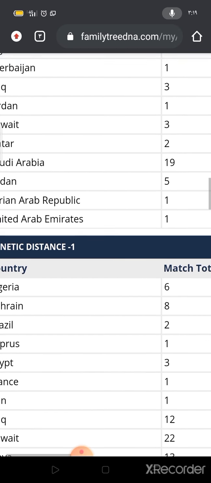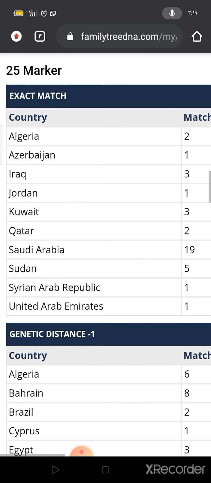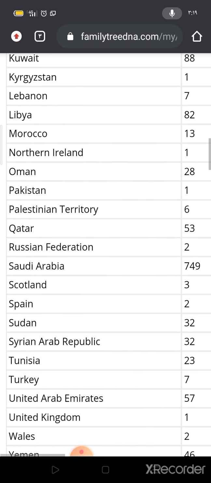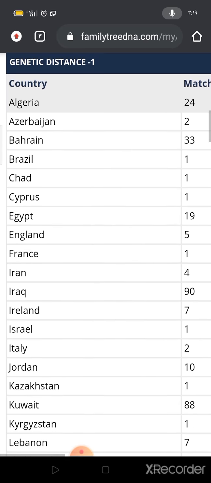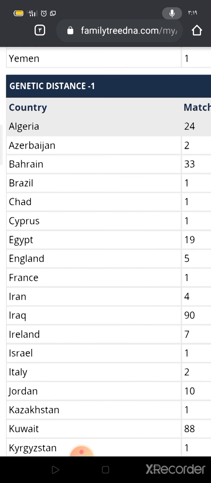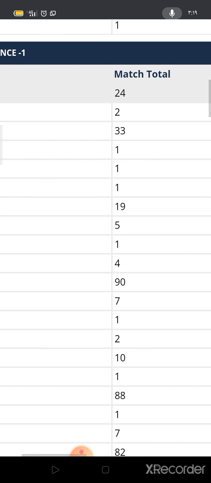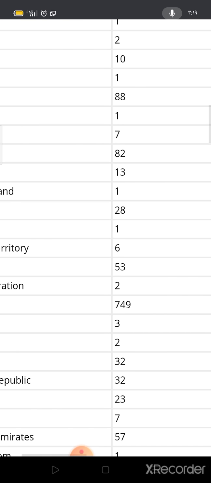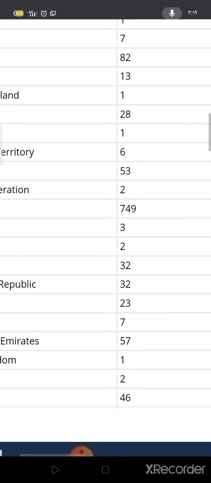So what if we take the numbers? We did not check the numbers like the previous. Here in 12 markers, I have 749, Saudi Arabia.